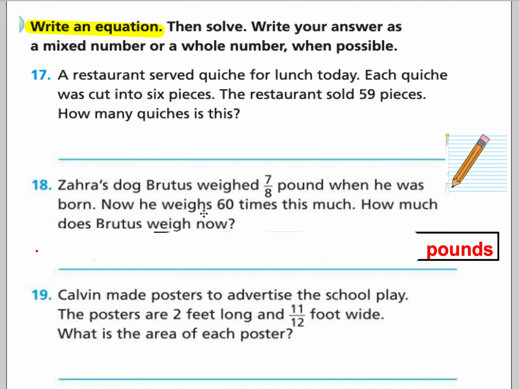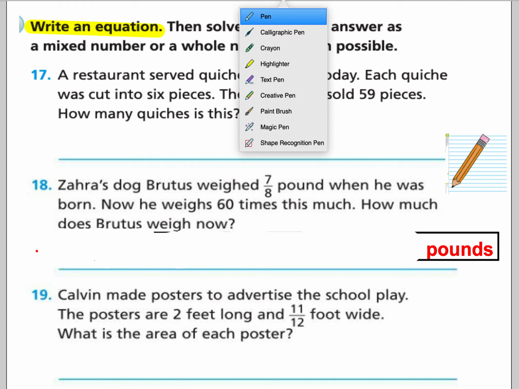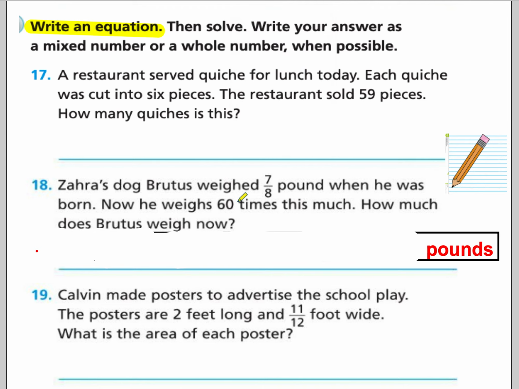So let's start with the whole number. What is the whole number in this equation going to be? If you said 60, that's right. 60. What is the operation that we're going to do with 60?